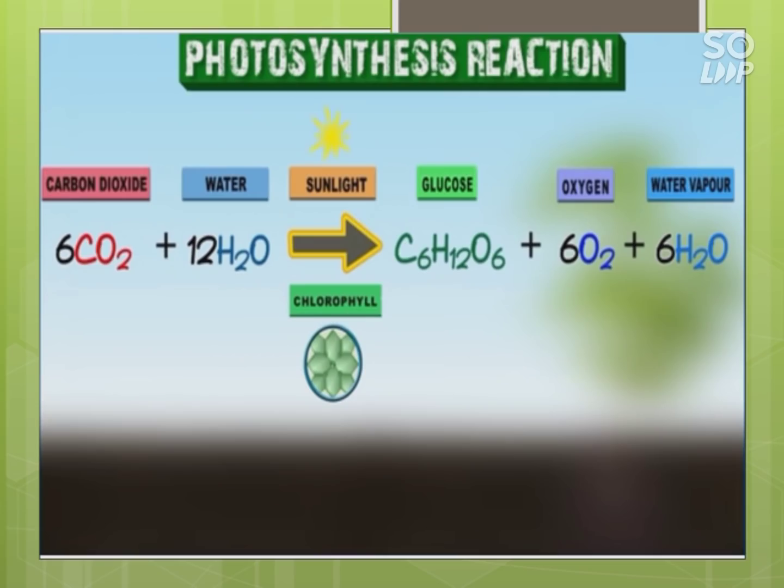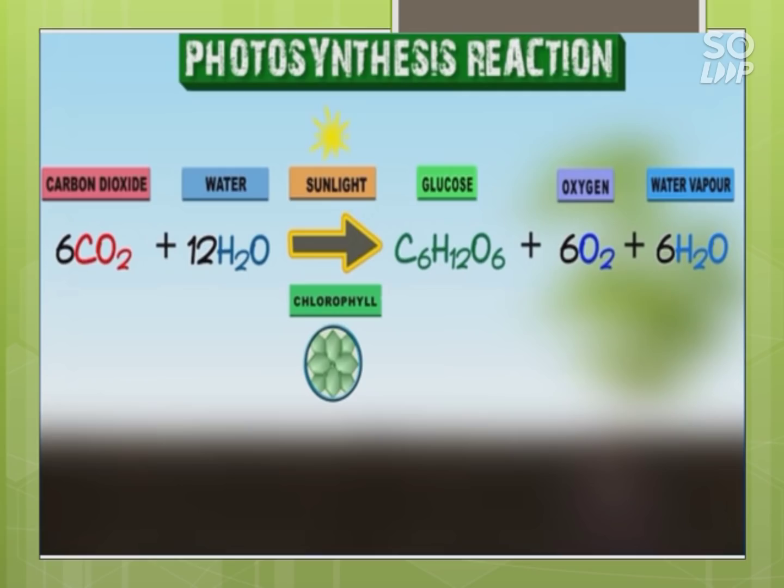Before ending this session, let us quickly sum up the reaction of photosynthesis. Children, this is a very important reaction. As you can see here, carbon dioxide, 6CO2, is taken in along with water, that is 12H2O. Here H2O is water from the soil, in the presence of sunlight.